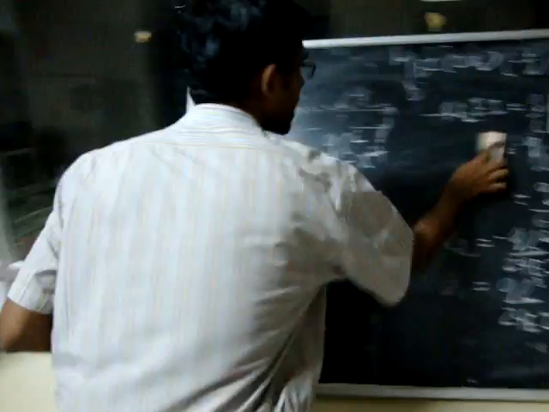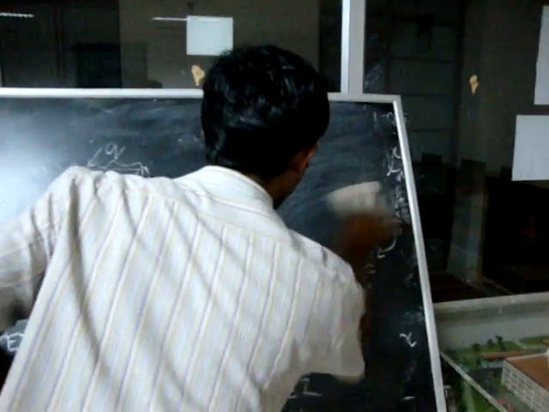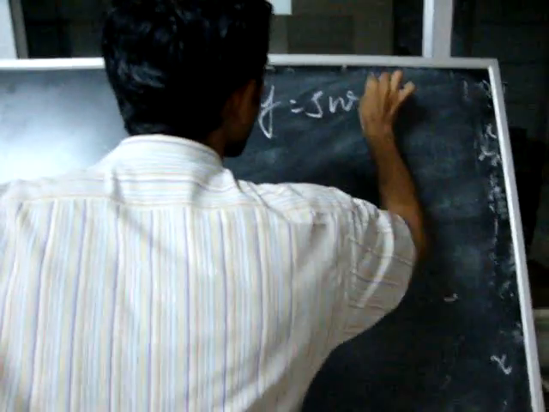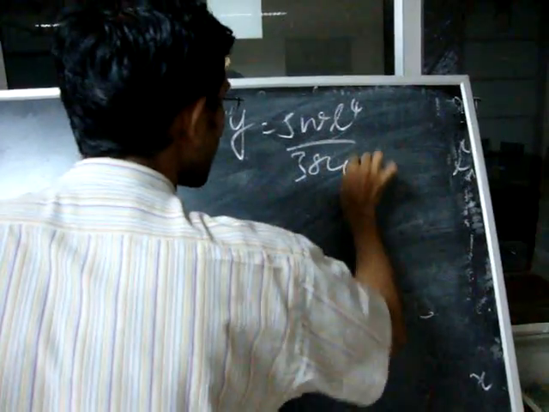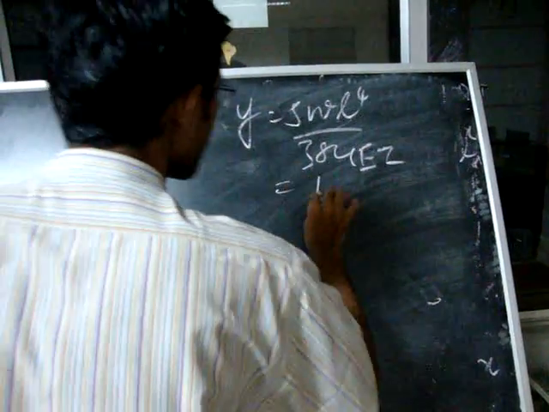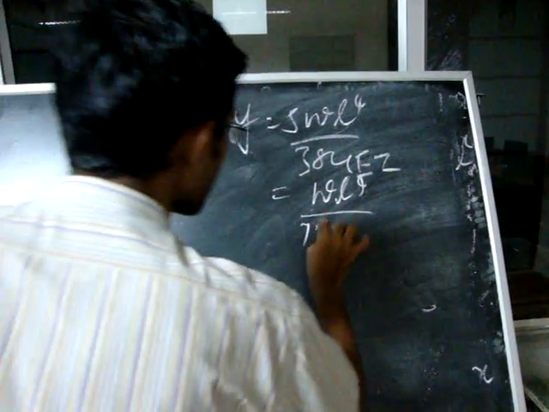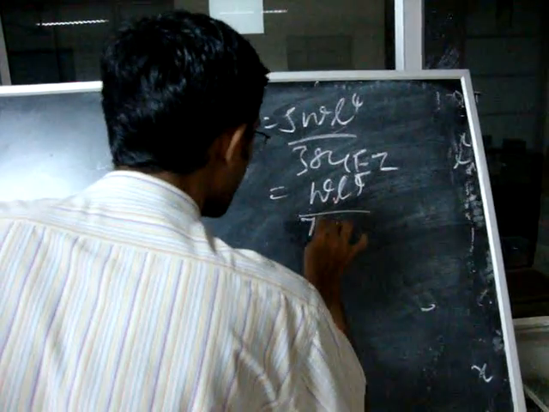I know the actual expression for the midspan deflection. It's 5wL power 4 by 384 EI. It's closer to wL power 4 by 76.8. It's closer to 77.